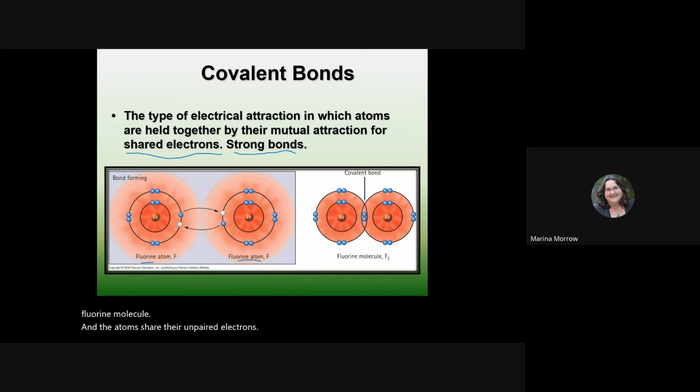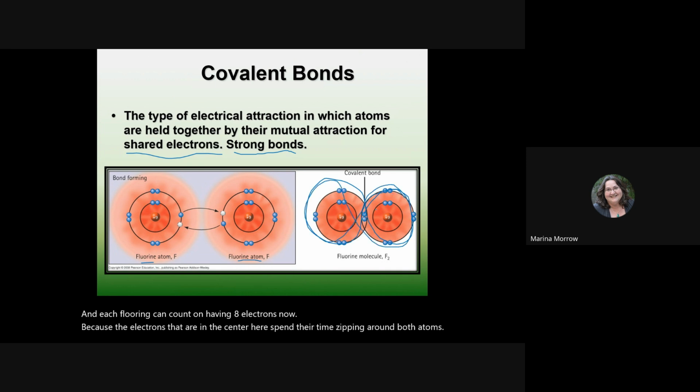And so then each fluorine can count on having 8 electrons now because the electrons that are in the center here spend their time zipping around both atoms. And so it brings balance to the structure. So that sharing works, the covalent bond works. And the atoms are very close together because the electrons have to zip around them both.